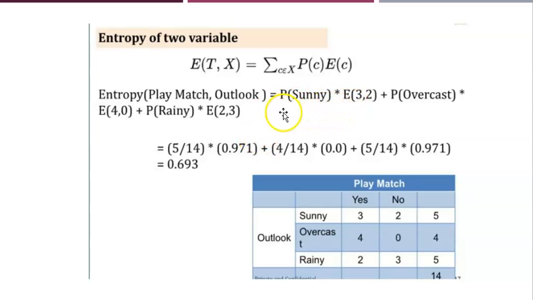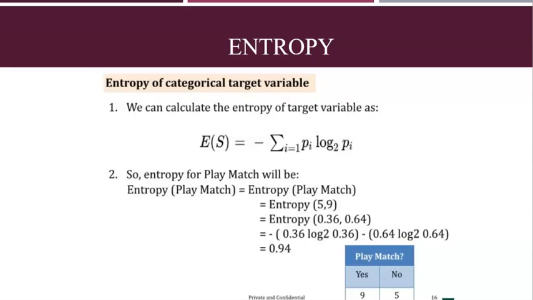First there should be minus pi, so 3 divided by 5 log to the base 2, then pi. So that is what we are supposed to do.